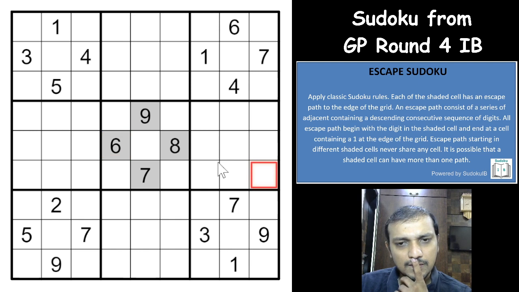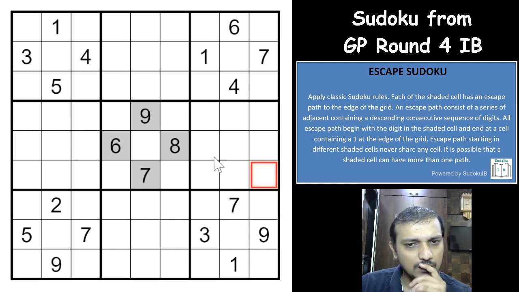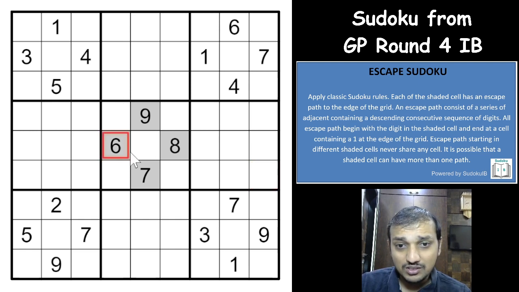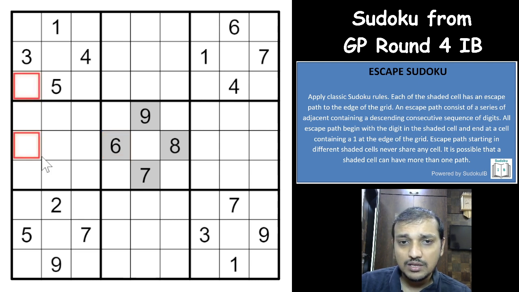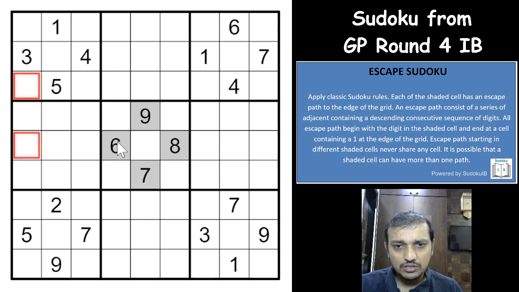It's a really good variant, but there are a few things that I would want to mention in this Sudoku. The most important thing is that by seeing the numbers here, you can make sure that there will be exactly a few cells where the path will end. For example, if you have a 6 here, then 5, 4, 3, 2, 1.